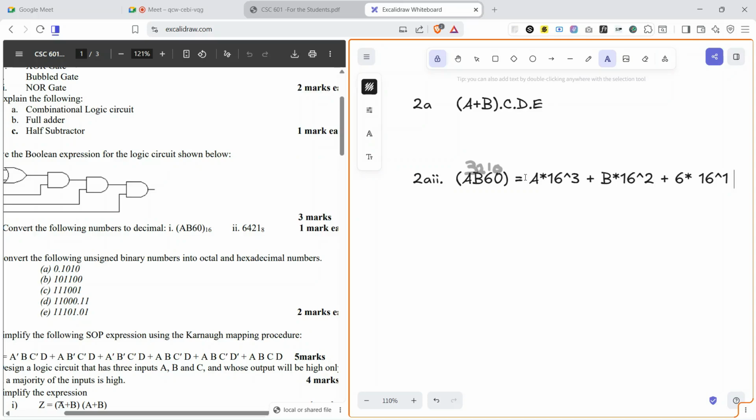So A is 10, B is 11. We are probably going to see what makes A 10 later on. So that would be 10 times 16 raised to power 3.